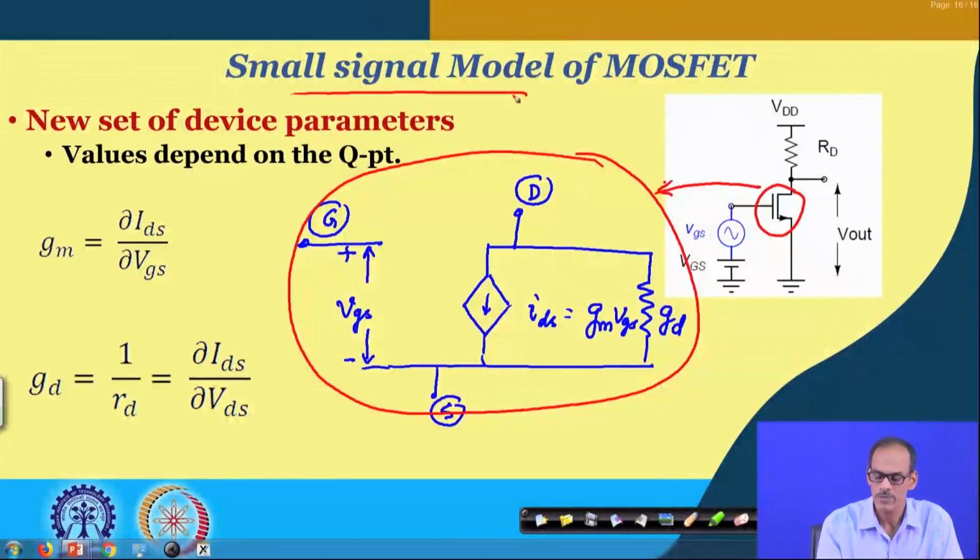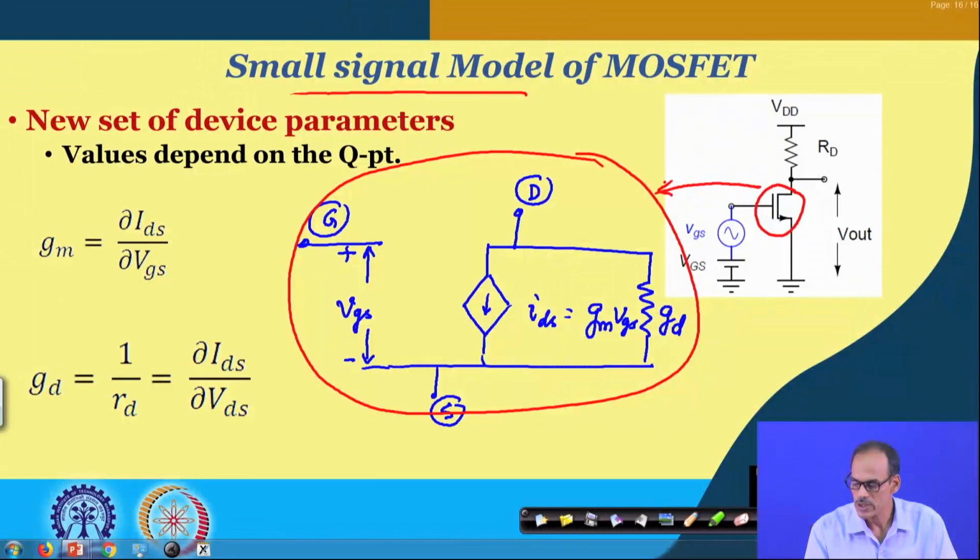This model is simple enough, and it is sufficient for the mid frequency range and low frequency range, but if you go to higher and higher frequency, then there will be some more components, namely the gate to source capacitance and the gate to drain capacitance.